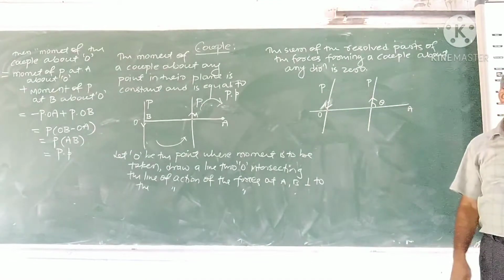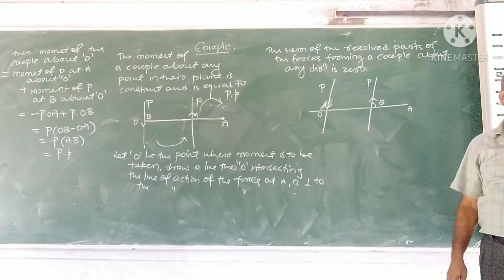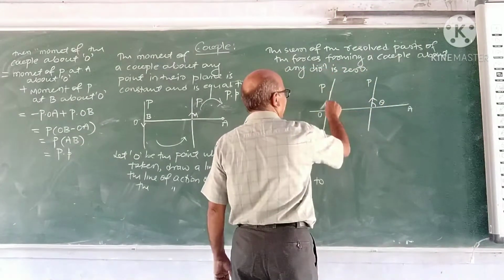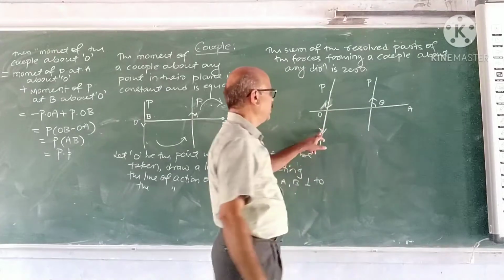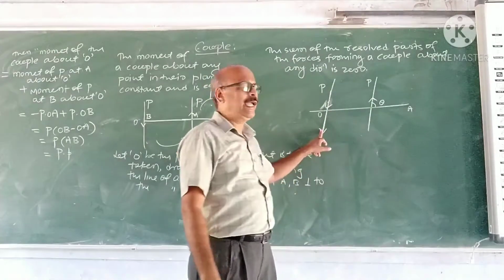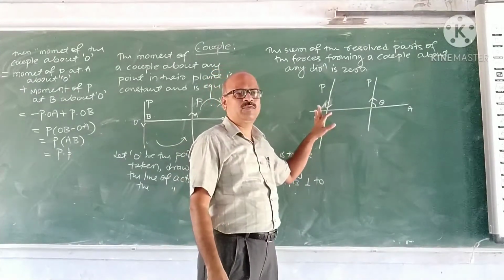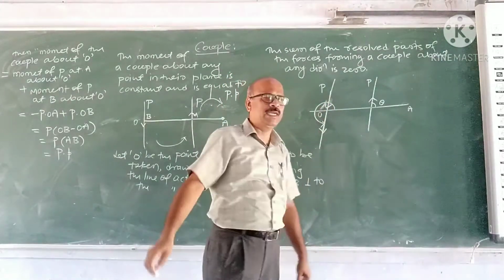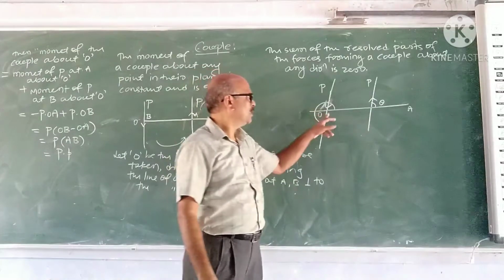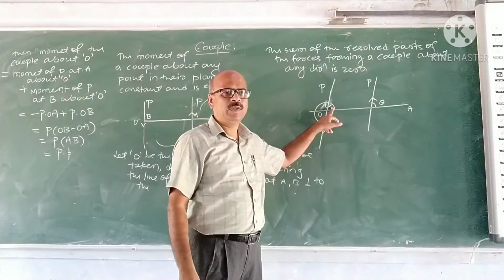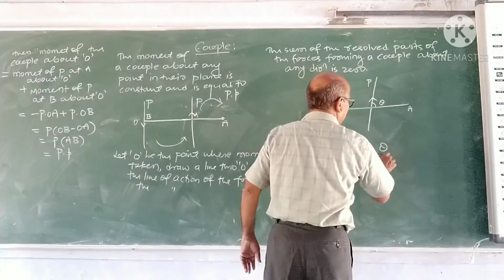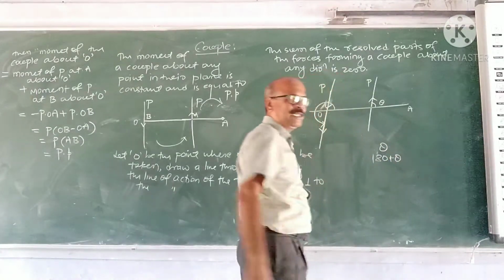Always the angle means the angle made by the positive direction of the force. So if theta is the angle made by one force, then the other force makes an angle 180 plus theta.